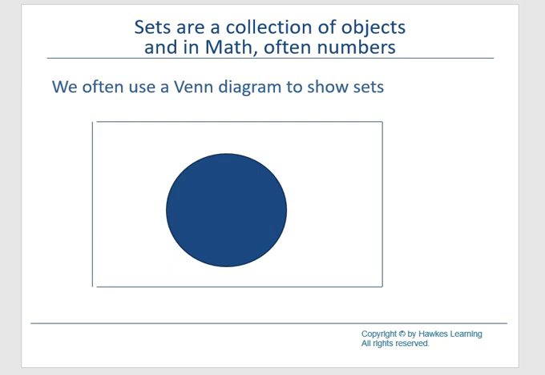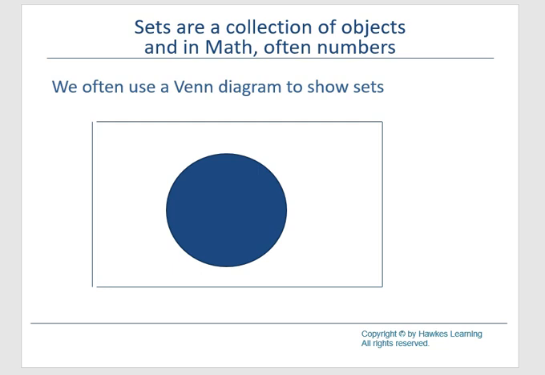Now, when we talk about sets, we often use what is called a Venn diagram to show sets, illustrate sets. Now, it's with a capital V because it's the name of a man who developed this diagram. That was Mr. Venn. Okay, so we usually have a rectangular box and then circles inside.